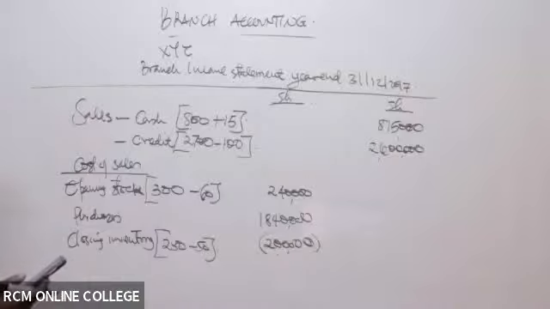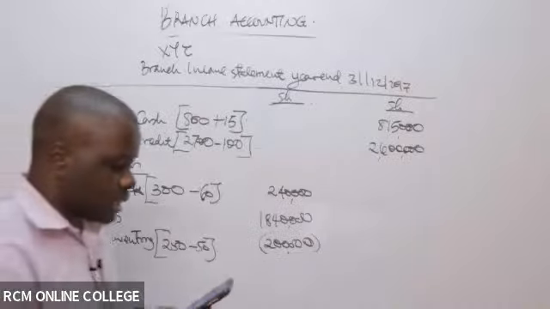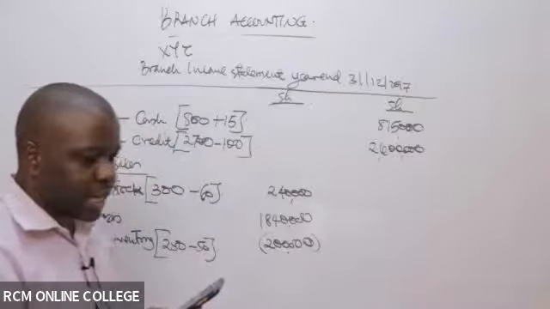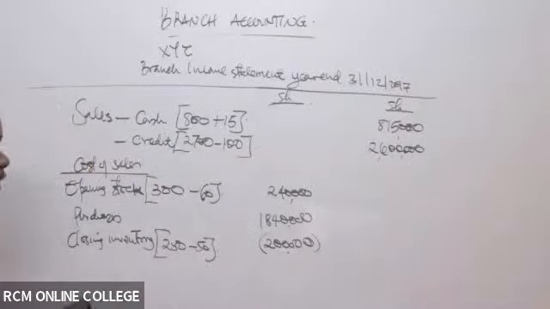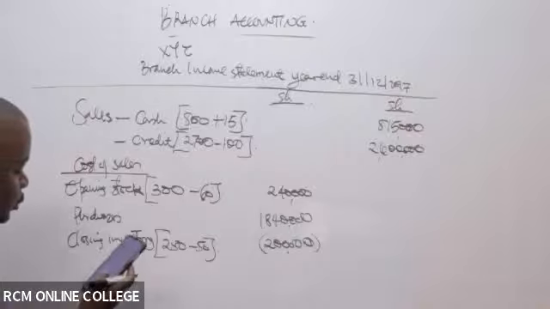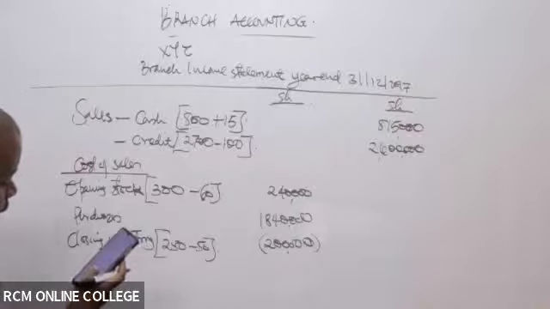Amongst these stocks, remember, there were some goods which were actually stolen. You are told that goods stolen at the branch was actually how much? 30,000. So part of the inventory you are dealing with here was stolen, so you have to reduce it. We have to reduce that inventory which was stolen.